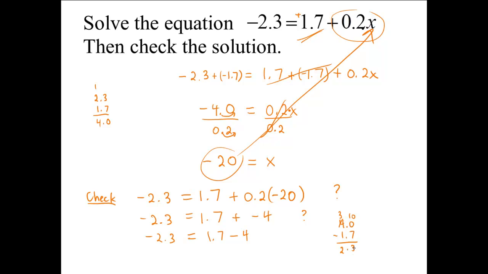We have 2.3. And so 4 minus 1.7 is 2.3. Again, my quick trick, if I reverse them, 1.7 minus 4, which is actually what we're after over here, that's negative 2.3. And so we have indeed a true statement, which means that x equals negative 20 is the solution.